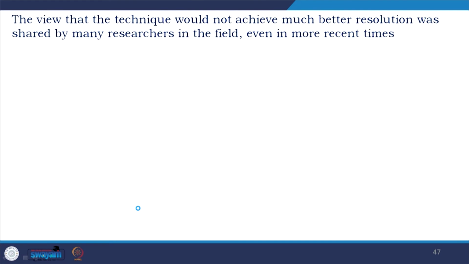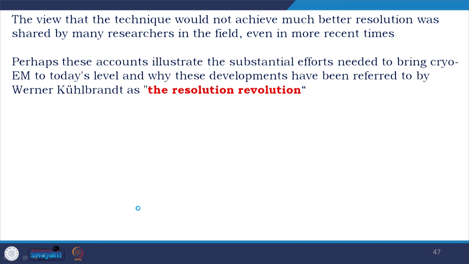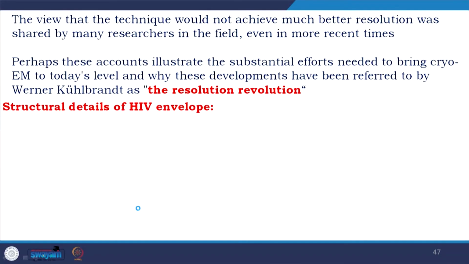The view that the technique would not achieve much better resolution was shared by many researchers about cryo-EM. Perhaps these accounts illustrate the substantial efforts needed to bring cryo-EM to today's level and why these developments have been referred to by Werner Kühlbrandt as the resolution revolution. There are many such examples nowadays, but I will show you the structural details of the HIV envelope.